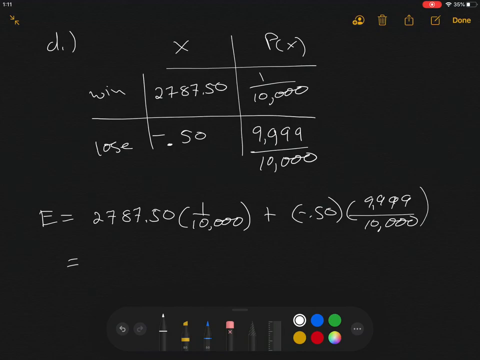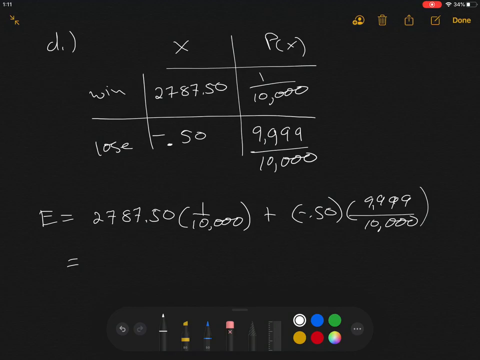So if we do this on our calculator, we would enter in 2,787.50 divided by 10,000, and then add the rest of the value.